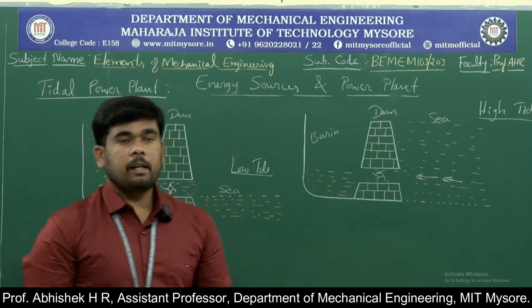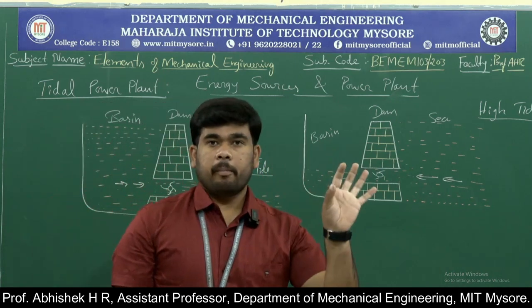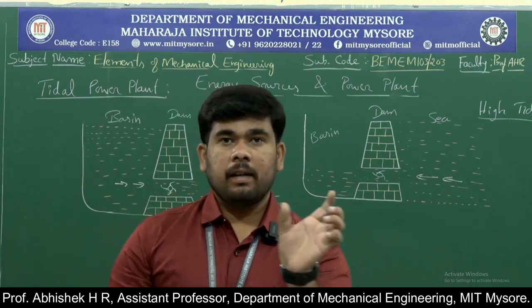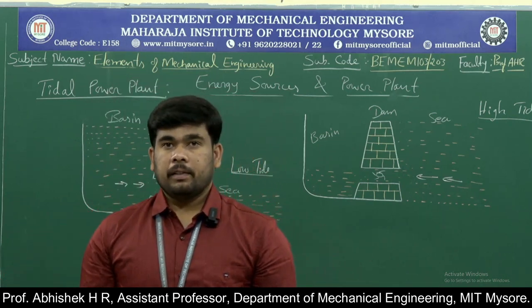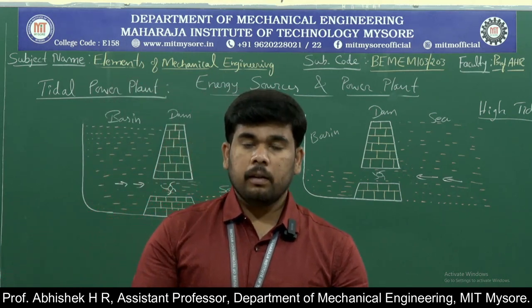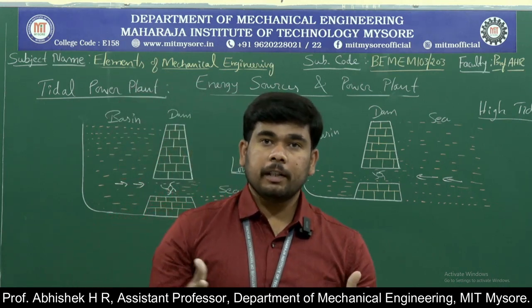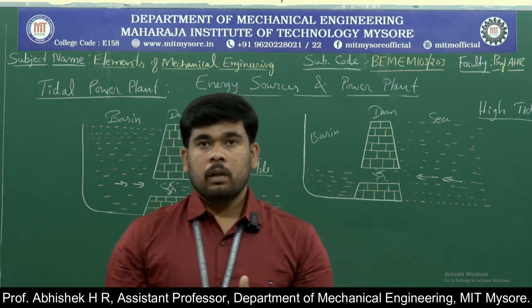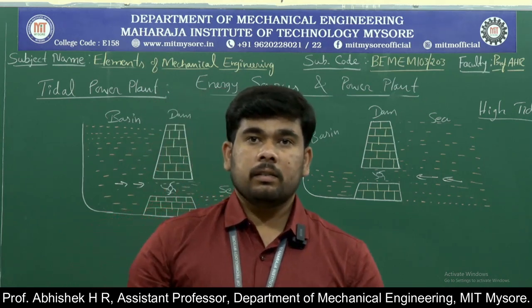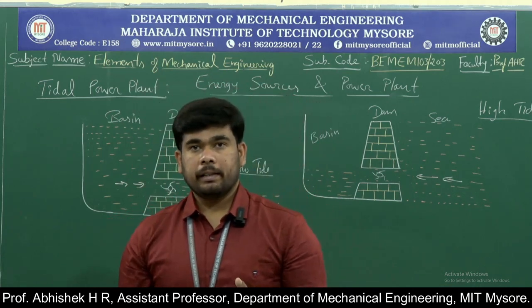Now we will see the tidal power plant. Tidal power plant, as the name suggests, is about tides. How do we get these tides? From the geographical relationship between the earth, moon and sun. Because of this, we get high tides and low tides.